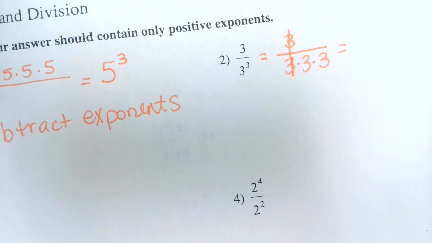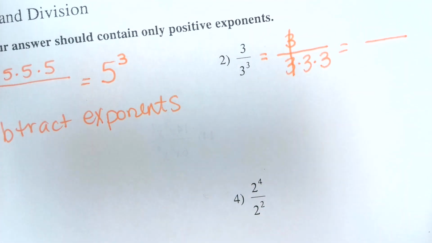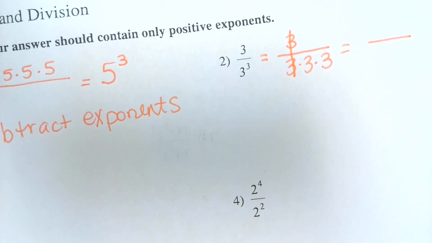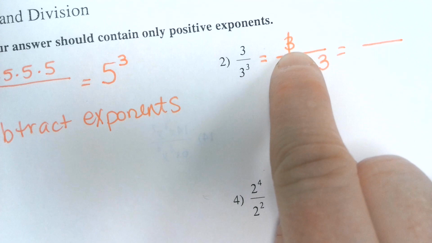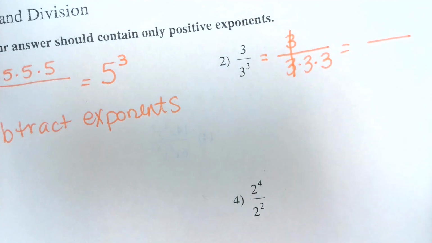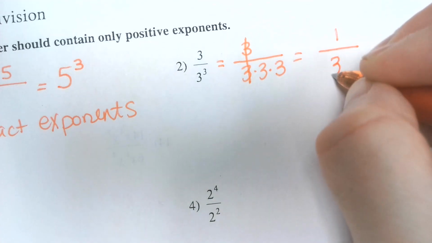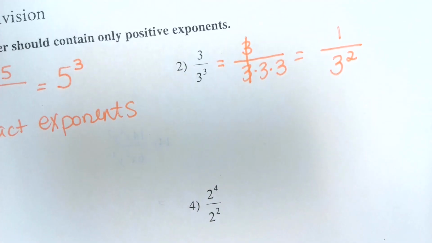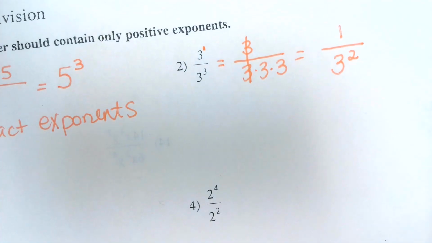It equals 1. So what do we have left on the top then? There's no 3, but we can't have 0. What is this right here? Whenever I cross it out, what does that become? It becomes a 1. So it's 1 over 3 squared. So this is to the first power.